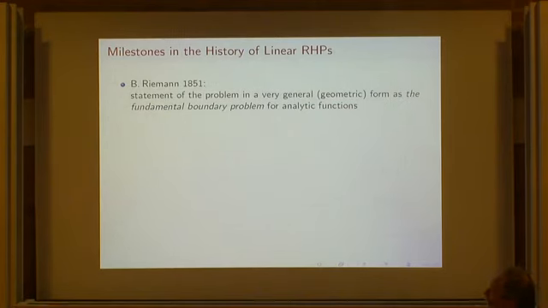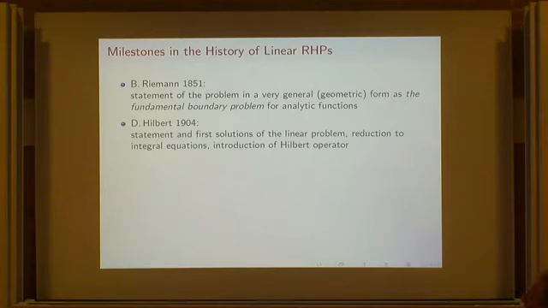So let me briefly show some milestones in the history of these linear Riemann-Hilbert problems. Riemann stated a very general problem. Hilbert was not the first, but he is the next one whom I would like to mention. Hilbert gave first solutions to this linear Riemann-Hilbert problem.